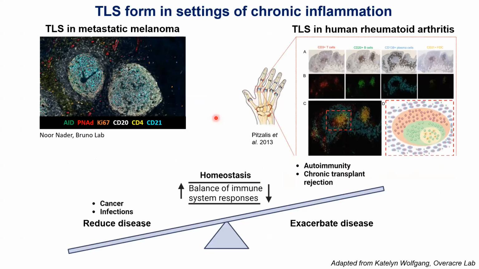So one piece of background to think about is that TLS have been cited in multiple diseases. In fact, in autoimmunity, it's been shown that these structures are quite important in exacerbating a disease. They form these germinal centers, and patients often then have worse disease as a response of having these structures.